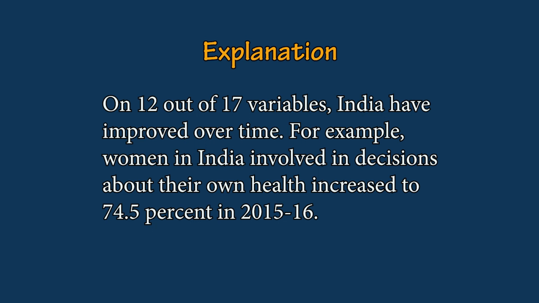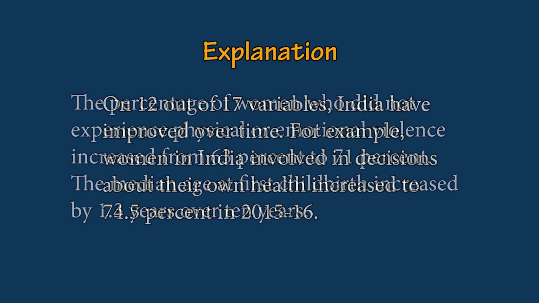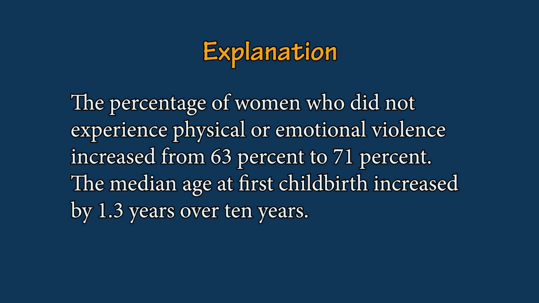Explanation. On 12 out of 17 variables, India has improved over time. For example, the share of women in India involved in decisions about their own health has increased to 74.5% during 2015-16. Another example, the percentage of women who did not experience physical or emotional violence increased from 63% to 71%.